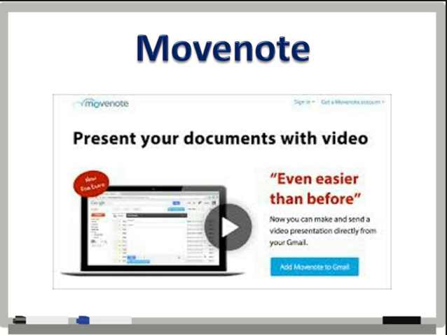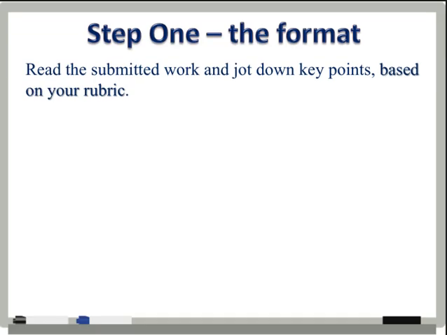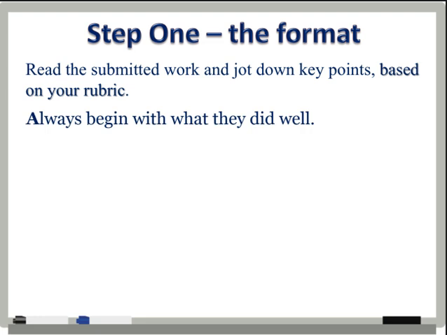Let me stop right here as I walk through the process you should apply, whether you're using MoveNote or some other type of tool in order to create the assessment. Step one is the format. I suggest that you read the submitted work and then jot down any key points based on the rubric associated with the graded work.